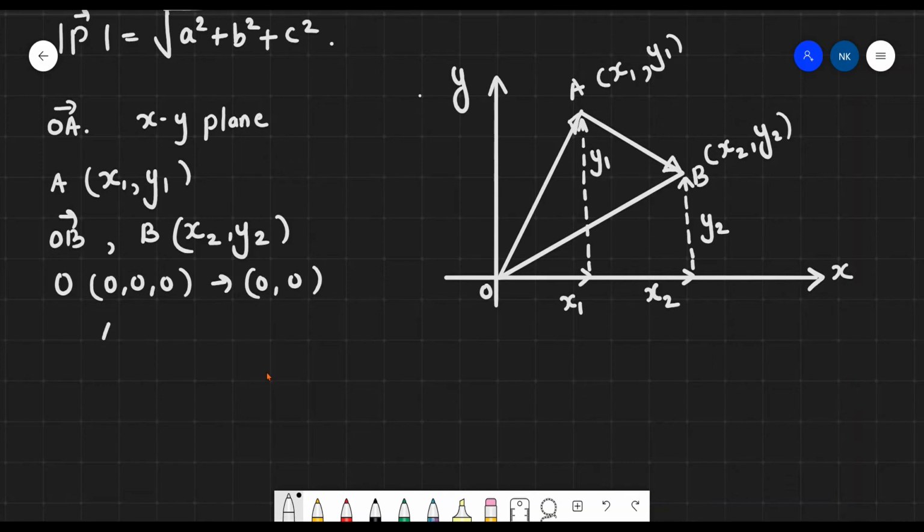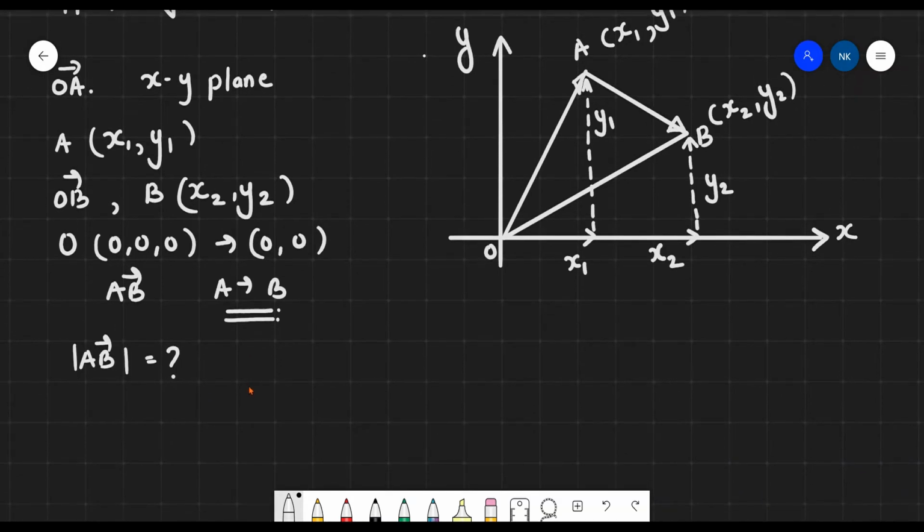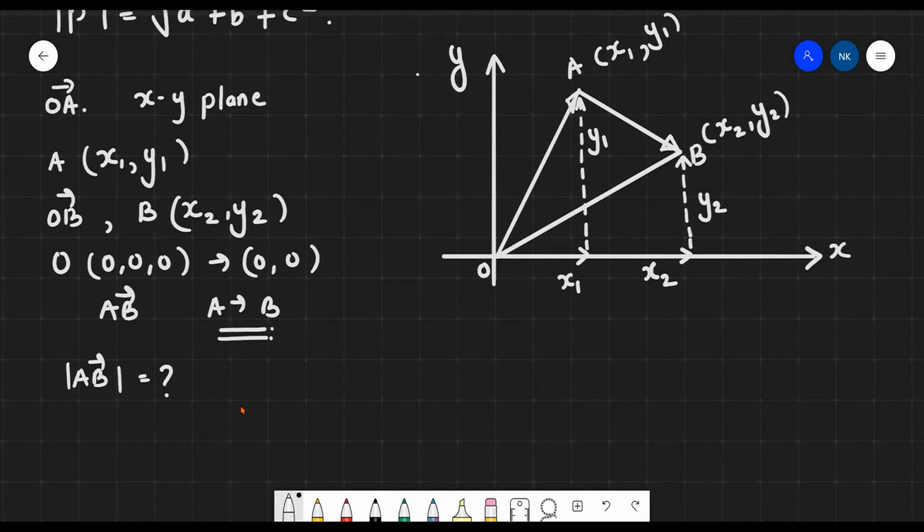Now let AB vector be a vector pointing from A to B. Now the question is to find out the magnitude of AB vector. What will be the magnitude of AB vector? That's the question. What you need to first do is consider triangle OAB.